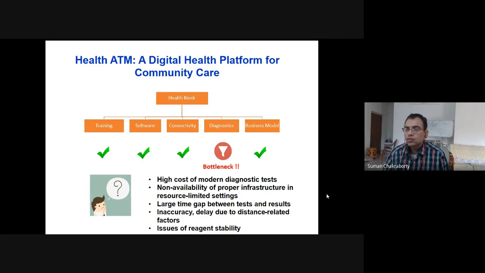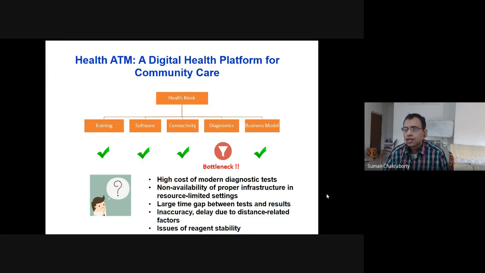To overcome these barriers, there is a current endeavor to develop digital health initiatives similar to ATMs for money banking.